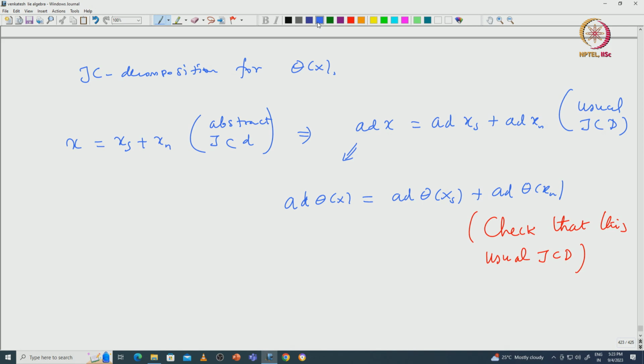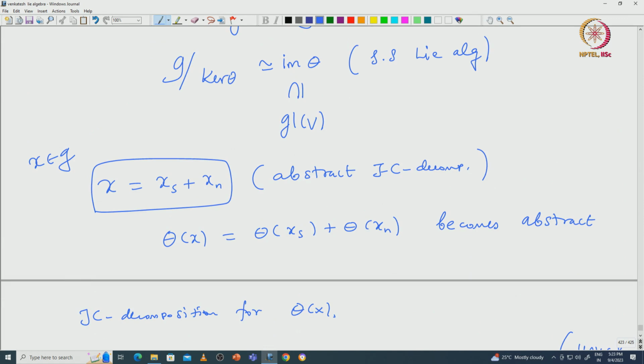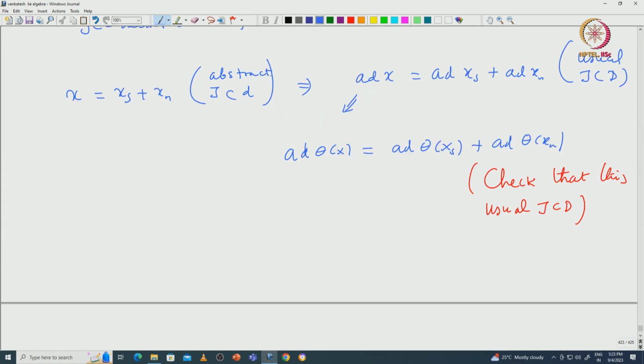Now, because this is the usual Jordan decomposition of add theta of x, and this is uniquely defined because all these are inside the image theta, we are talking about Jordan decomposition inside the image theta. So, that implies that theta of x is equal to theta of xs plus theta of xn.